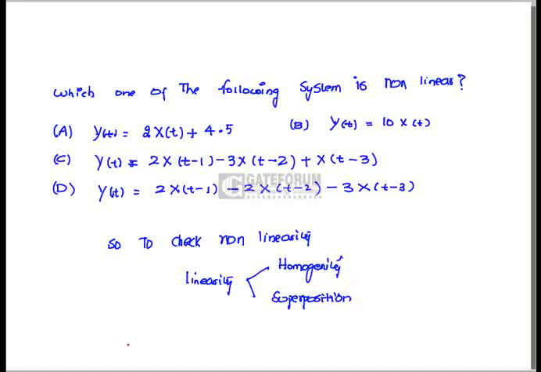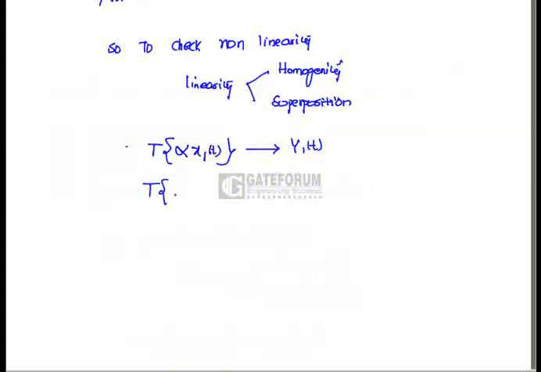That is done by the following. For a given input x1(t), the output is y1(t). For a given input x2(t), the output is y2(t).